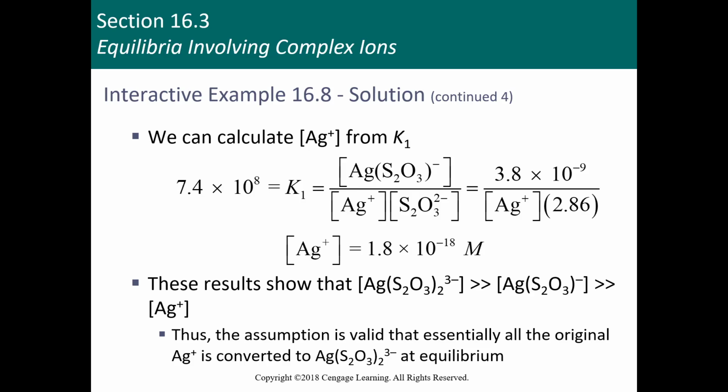So the results show that our final complex right here is a vastly larger concentration than the middle complex, the AgS2O3 complex, and that is much, much larger than the concentration of the silver ion in solution. So our assumption was valid that essentially all of it goes to this form right here.